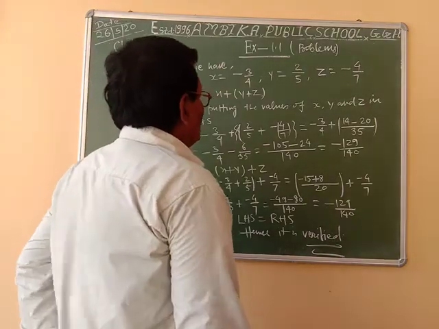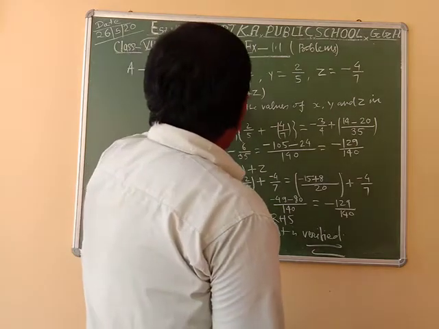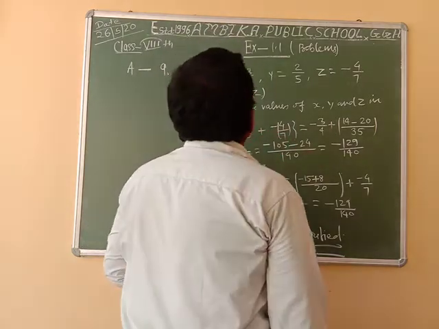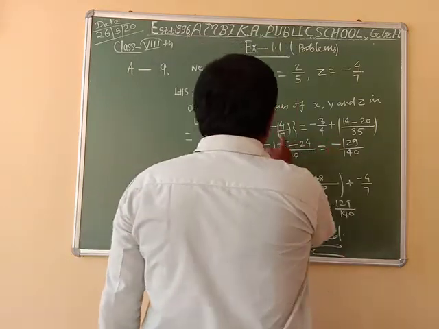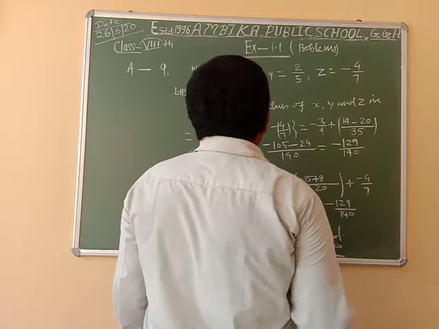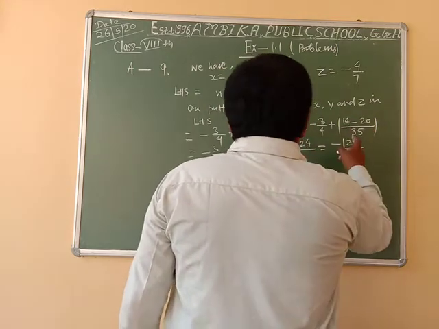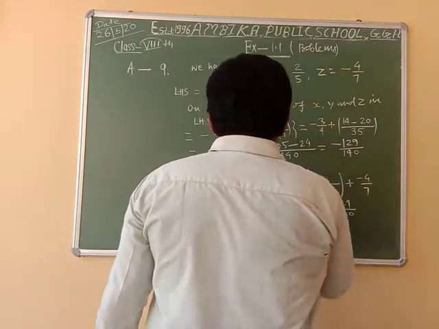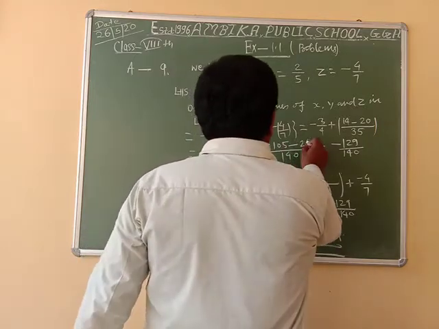On putting the values of x, y and z in LHS, we have minus 3 by 4 plus (2 by 5 plus the value of z, minus 4 by 7), is equal to minus 3 by 4 plus, and taking LCM of 5 and 7, 35, and multiplied with 2, we get 14 minus 20, is equal to minus 3 by 4 minus 6 by 35, the LCM is 140, is equal to minus 105 minus 24.